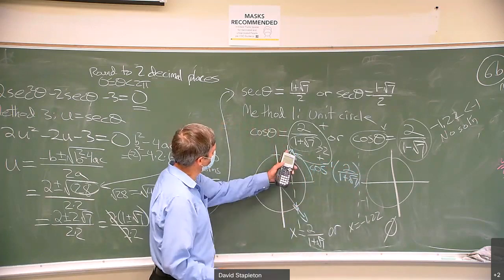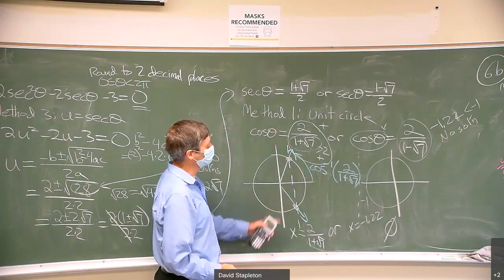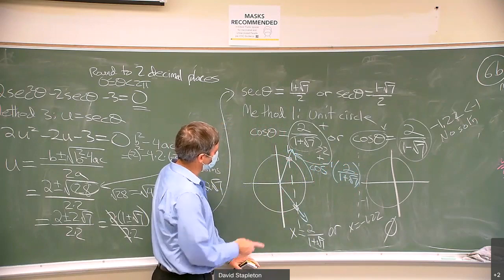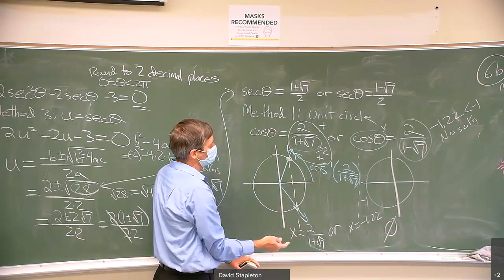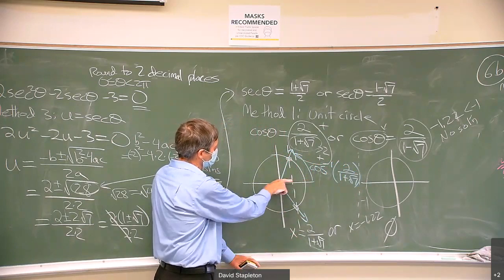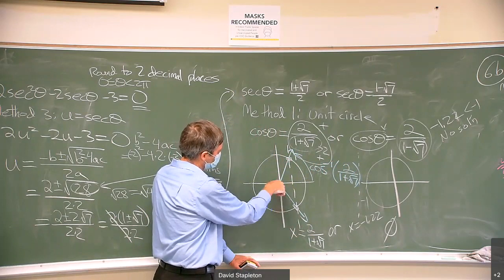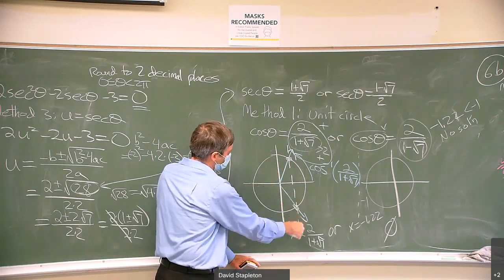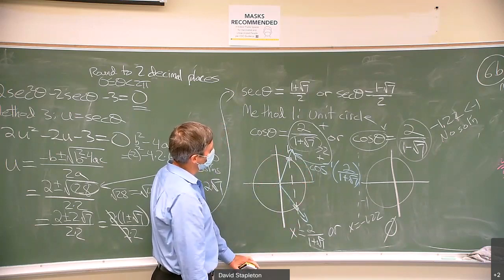Is it this angle or this angle? Gave it away, couldn't resist. The arc cosine is the one of these two that's between 0 and pi. That's why you have to know the range of arc cosine. Arc sine is always between -pi/2 and pi/2, so is arc tangent without the endpoints. Arc cosine is between 0 and pi, these two quadrants. So you throw out this one. So that's one exact solution.